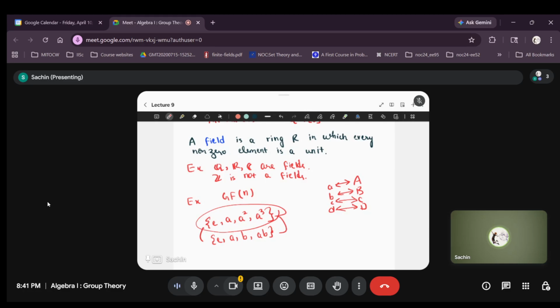There's some bijective mapping that preserves the operation when you move from one to the other. As long as they are both finite and of the same size, then they'll be isomorphic to each other.